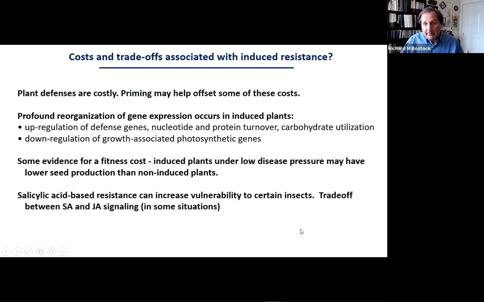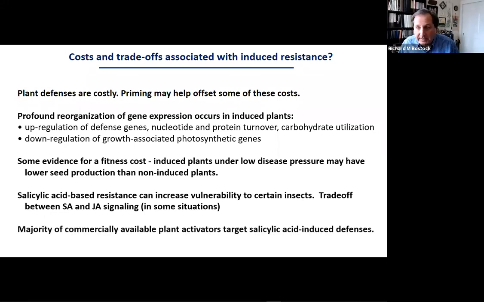The other thing, something we studied about 25 years ago, is that the salicylic acid-based resistance can increase vulnerability to certain insects, and vice versa. Too much JA in the plant can make the plants vulnerable to certain pathogens. So there's this trade-off, and that's why it can be kind of tricky to implement this in a production system.